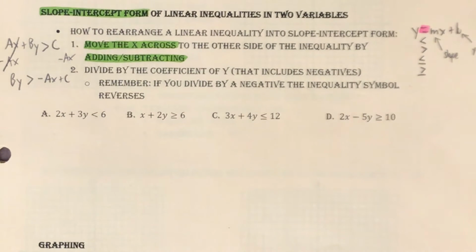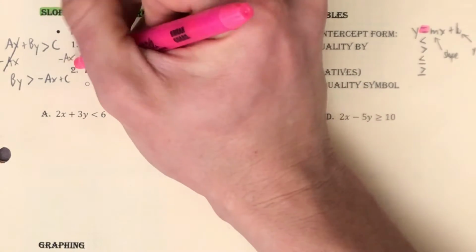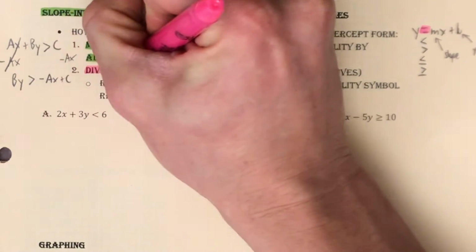Then we want to divide by the coefficient of the y, the number in front of the y. In this example it's a letter, b, but we divide by that coefficient multiplying y, including if it has a negative in front of it.